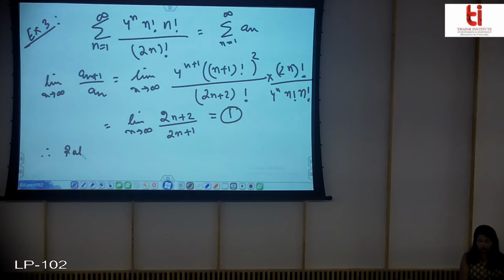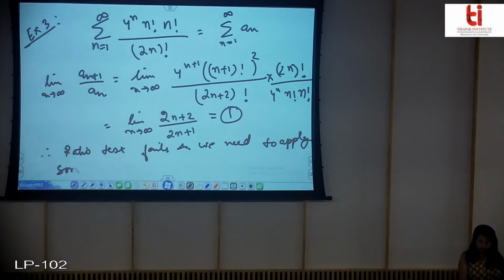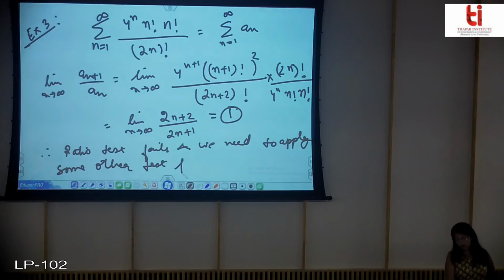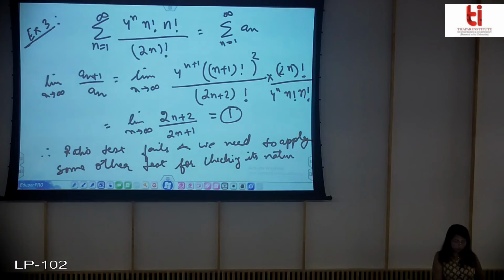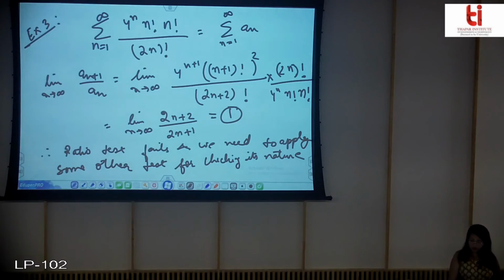Therefore the ratio test fails, and we need to apply some other test for checking its nature.